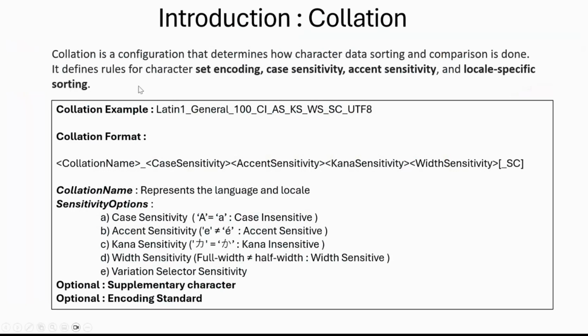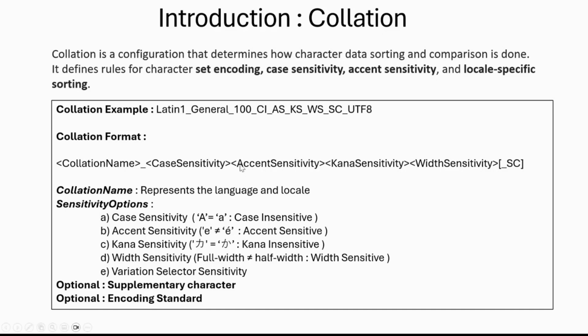So it defines rules for character set encoding, case sensitivity, accent sensitivity, and sorting. Now, there are multiple types of collations present across databases. The generic format of a collation is: the initial part is the collation name, then case sensitivity, and we'll discuss how this sensitivity is defined.